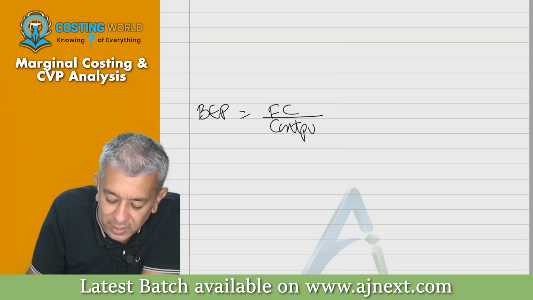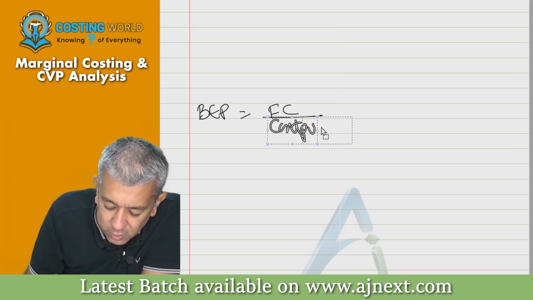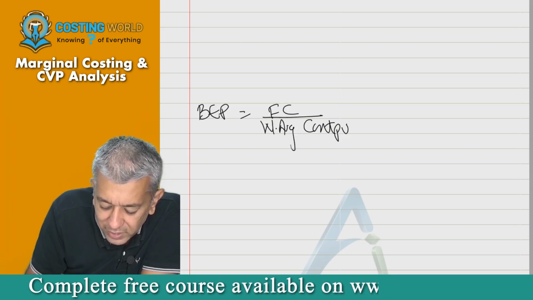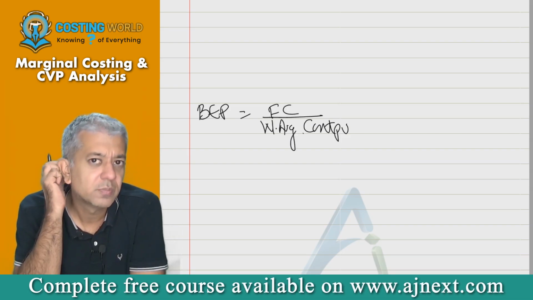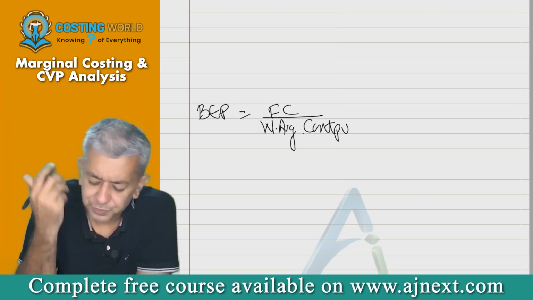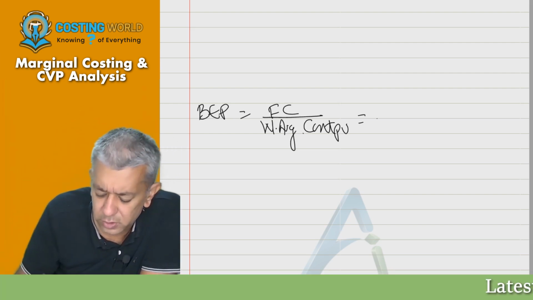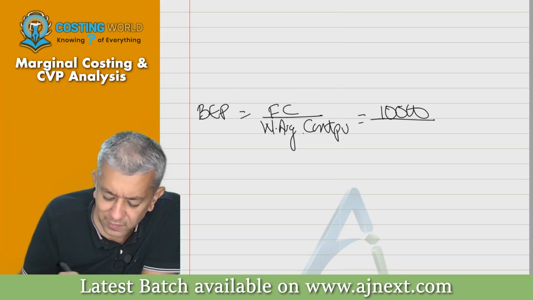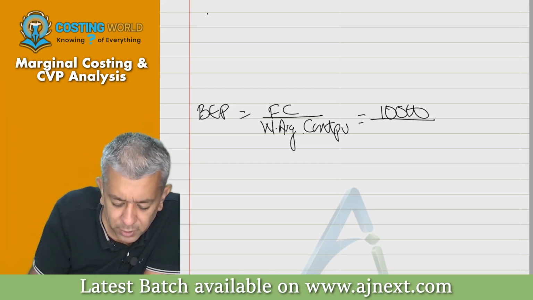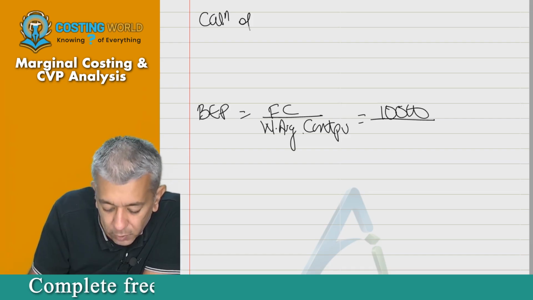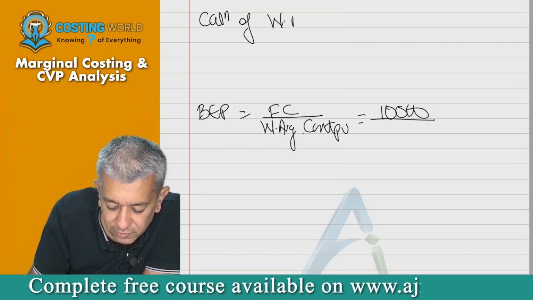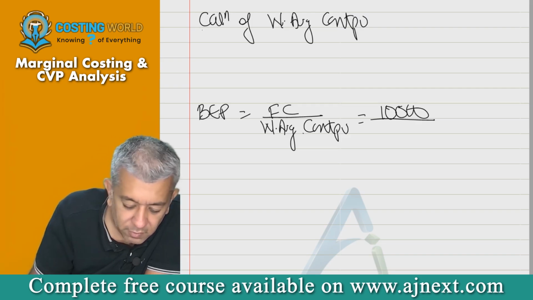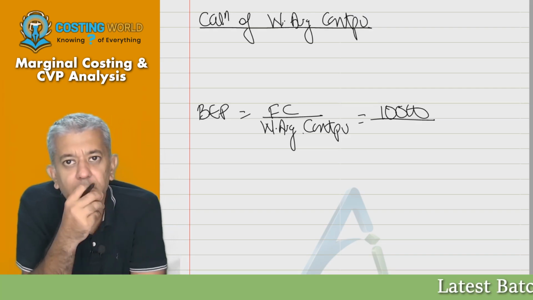But if there is more than one product, can we say contribution per unit gets replaced by weighted average contribution per unit? Yes, sir. Correct? Tell me, how much is fixed cost? 10,000. Now we'll have to find out the weighted average contribution per unit. You all write down: calculation of weighted average contribution per unit.